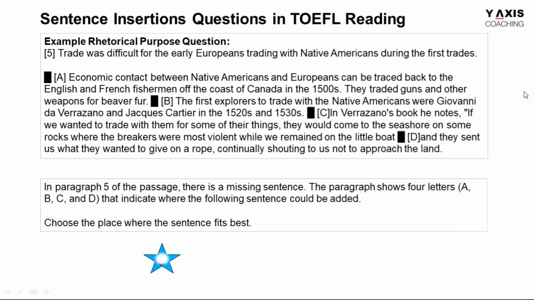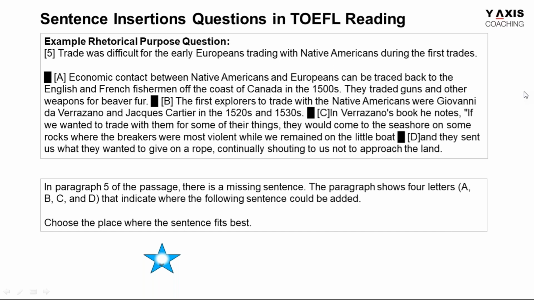And as we have discussed prior, the sentence when inserted should not have any impact on the logical flow of information in this particular paragraph. And the answer shown here is the best place to fit the sentence according to the information provided and the logical sequence of the information.